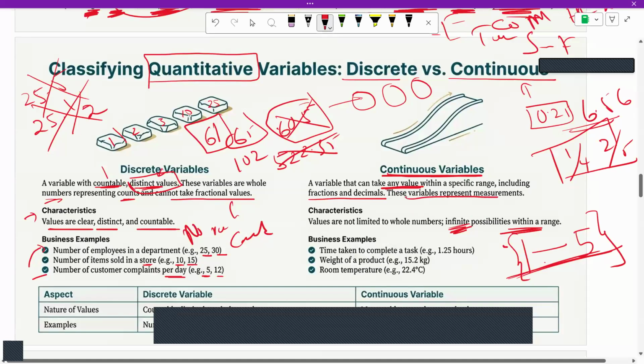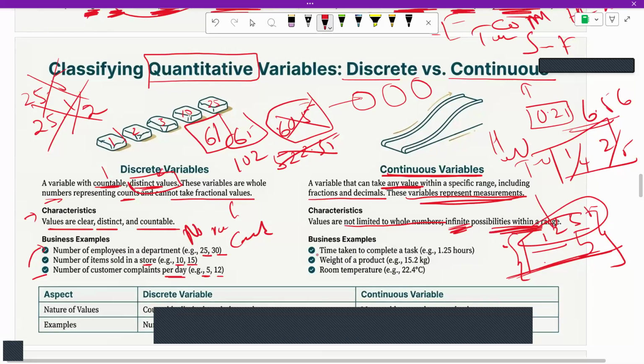These variables represent measurements, mostly height, weight, and temperature. So characteristic values are not limited to whole numbers. Whole numbers mean just 1, 2, 3, 4, not like that, right? It also includes full numbers plus infinite possibilities within the range. Any values with decimals. See the examples in a business context.